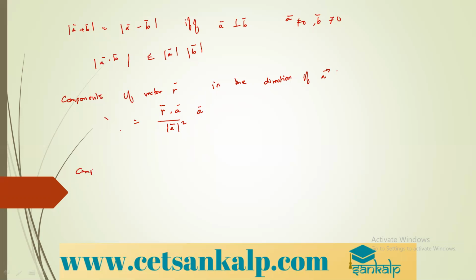And sometimes you will be asked to find components of vector r perpendicular to vector a. Then it will be r minus r dot a by mod of a whole square into vector a.